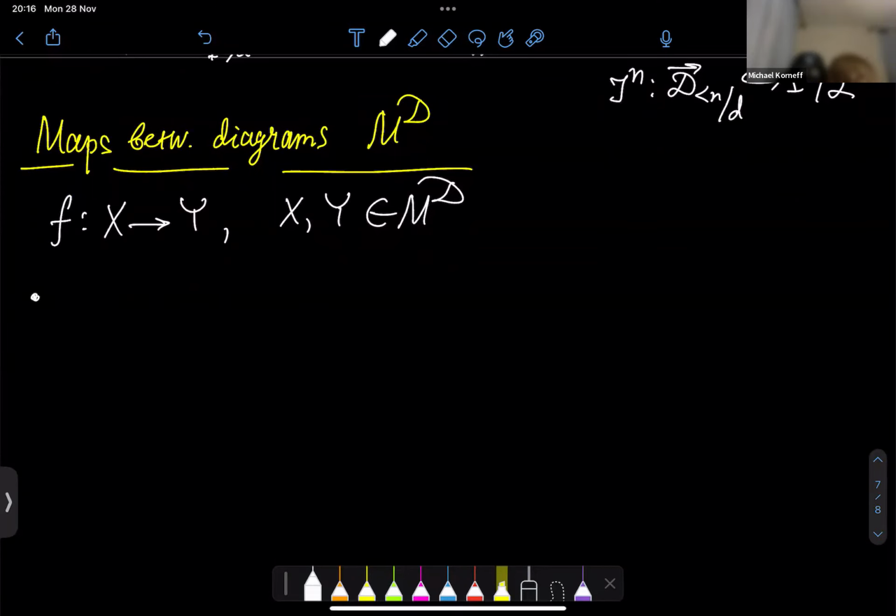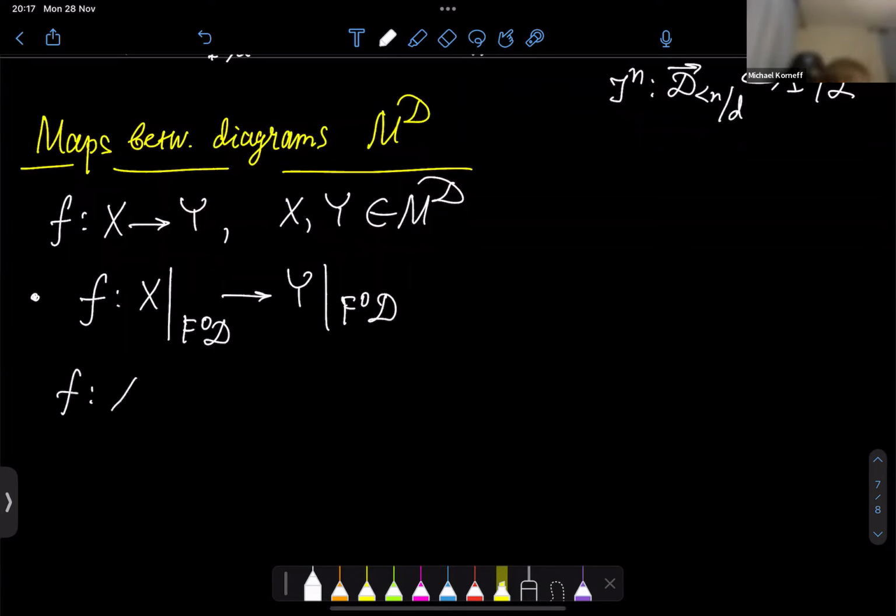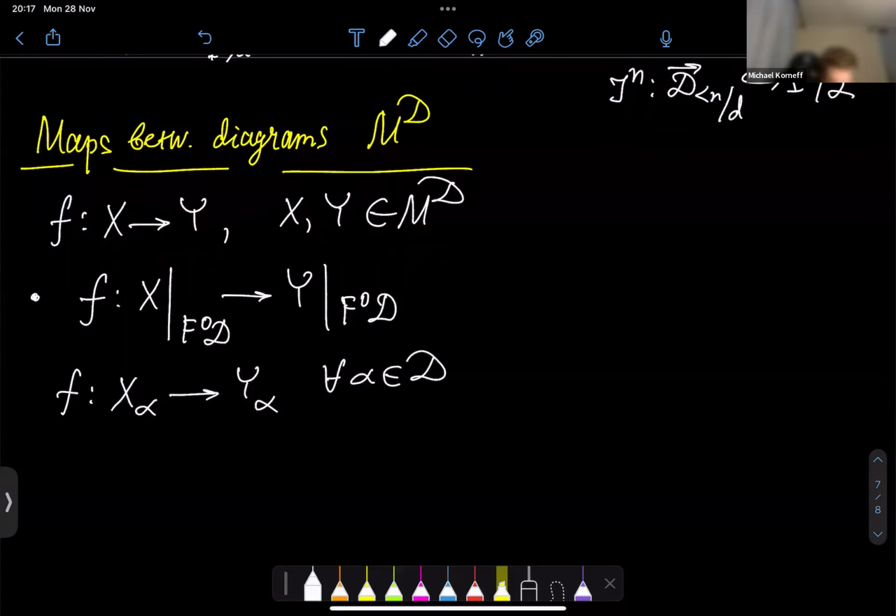The first step, we should define the map on the zero filtration, and this map can be determined by choosing any map from X alpha to Y alpha for any object alpha, because we know that these categories are discrete.